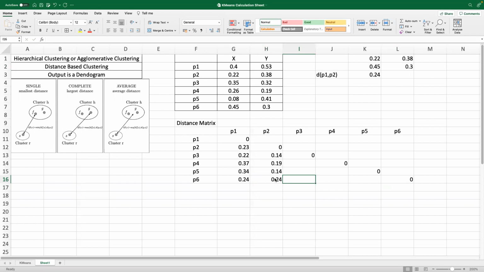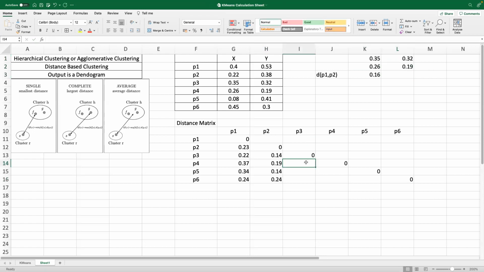Okay. So you are calculating the distance between points. P3 to P2, we already calculated it as 0.2. This will be the same value, so we don't need to calculate again. But we have to calculate P3 to P4. P3 is how much? 0.35, 0.32. For P4, 0.26 and 0.19.